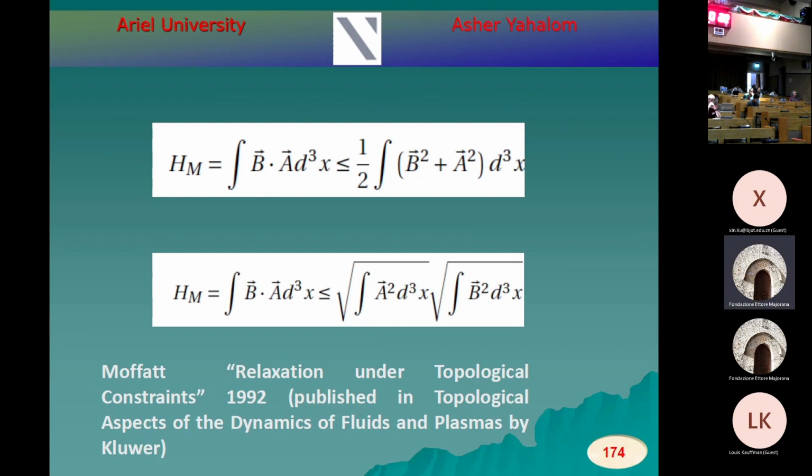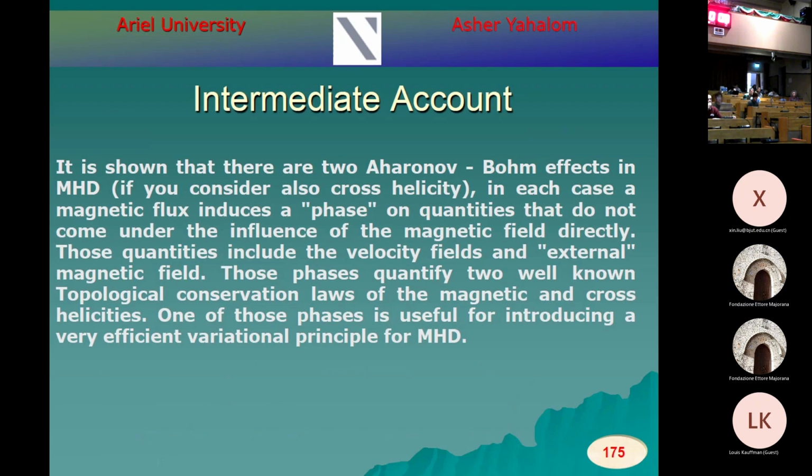And of course, you have the relevant lower bounds. One of them is certainly due to Moffatt, in his paper on relaxation under topological constraints.